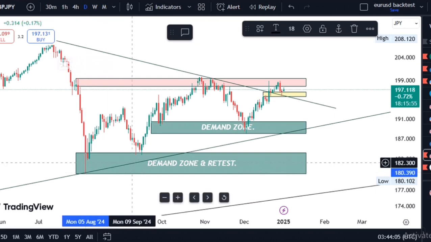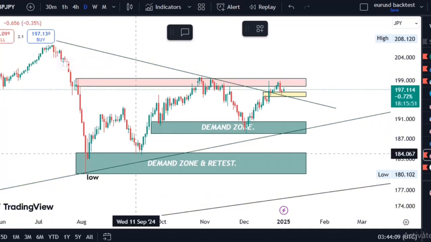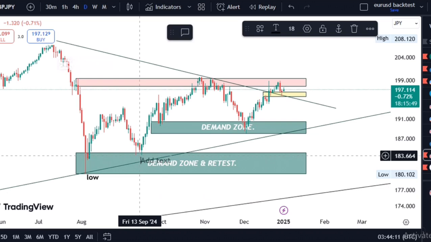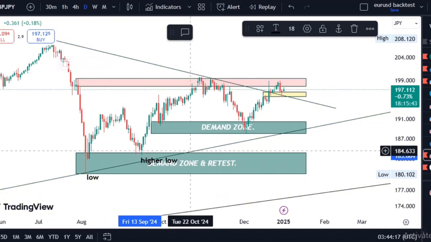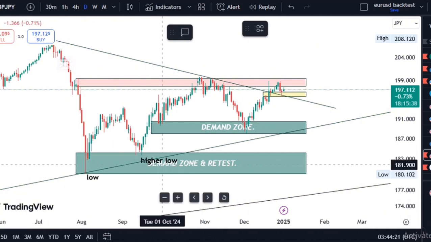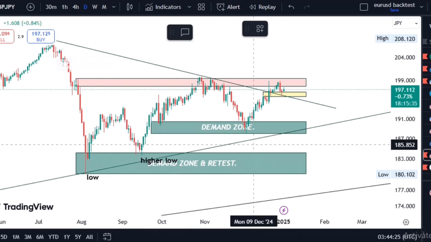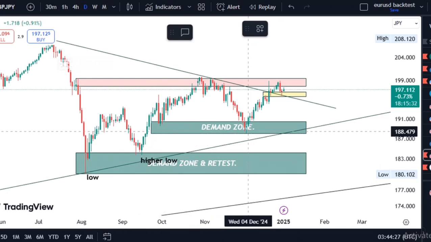Here is a low. Here is a low. Here, higher low. Higher low. Sorry, lower high. Higher low.